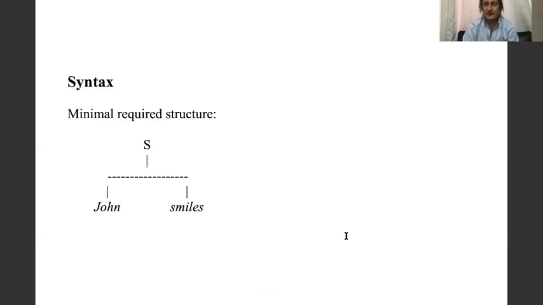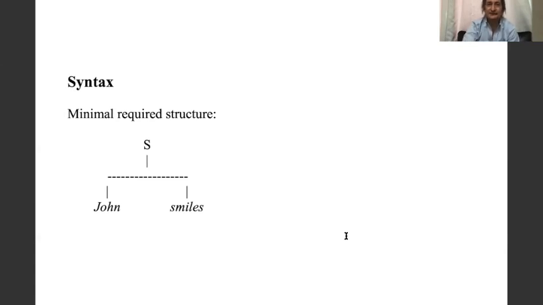Okay, so far we've been only assuming a very, very minimal syntax. And we're going to stick to fairly minimal syntax assumptions for the rest of this book. In particular, we're only going to put in as much structure as we really need most of the time. And this is the only structure that we actually need for a sentence like John smiles.